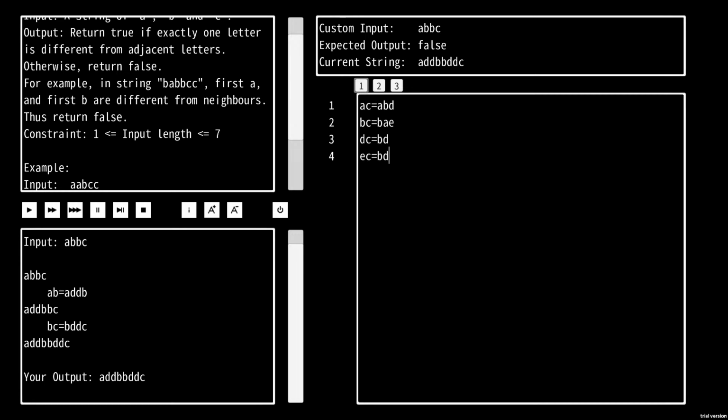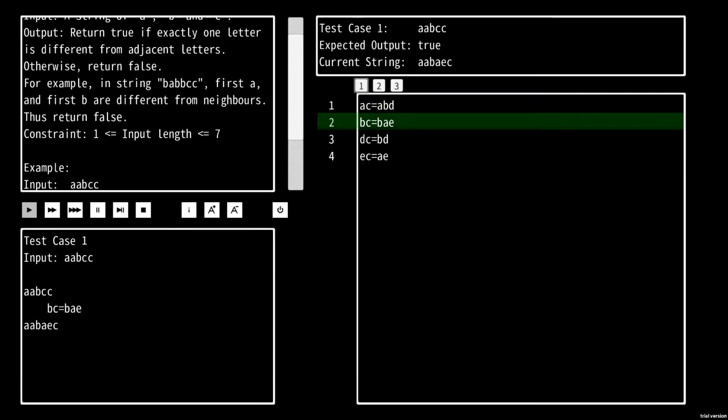EC equals AE. Let's see if this works for now.